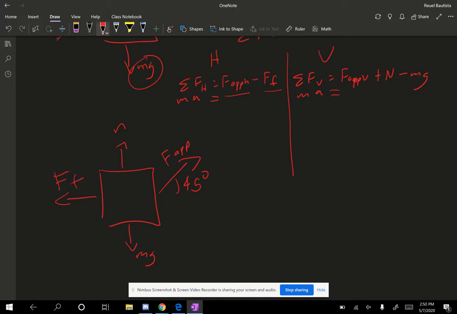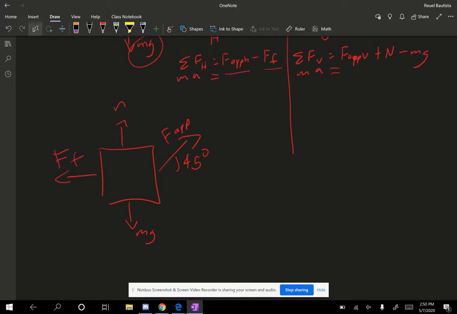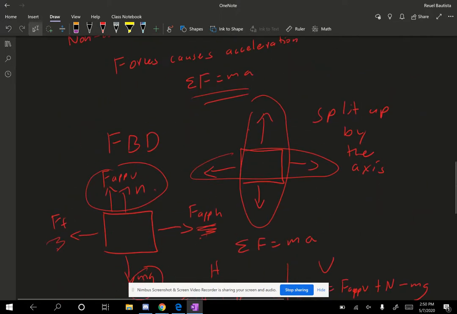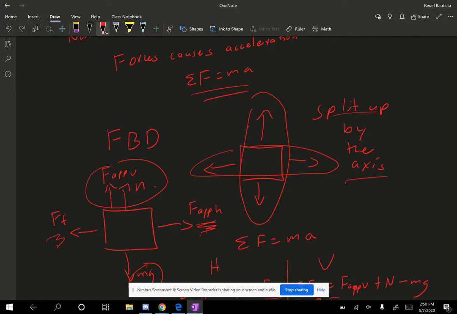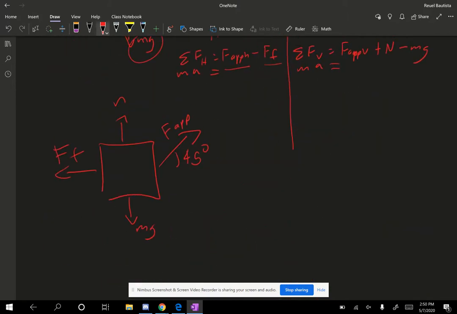So let's say we have something like this, where we have the force applied at an angle. Again, this is super important. I told you guys to split up the forces by the respective horizontal or vertical axis. Well, we have a force applied here that's neither vertical nor horizontal. It's both horizontal and vertical at the same time.